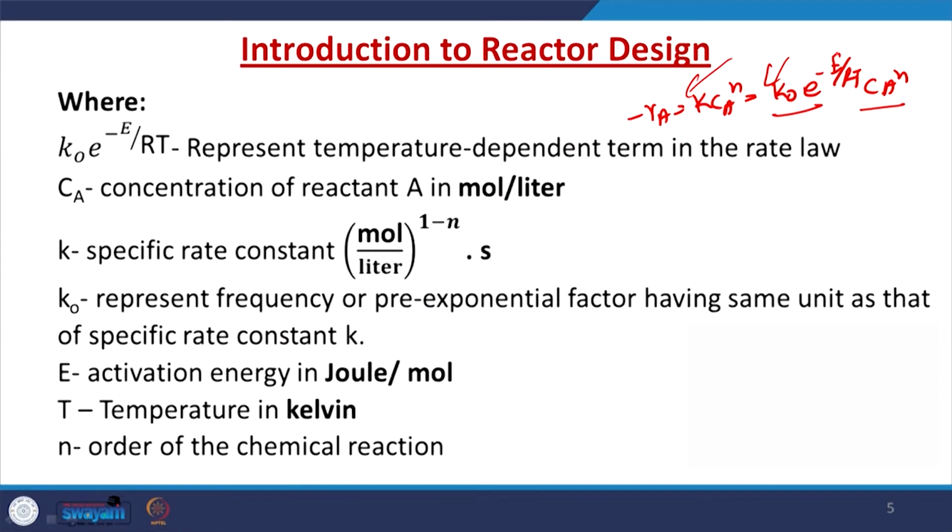E is the activation energy, having the unit of joule per mole. T is the temperature, usually in Kelvin, and n represents the order of a chemical reaction.